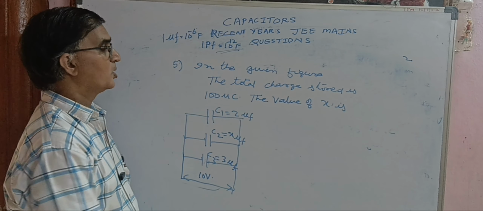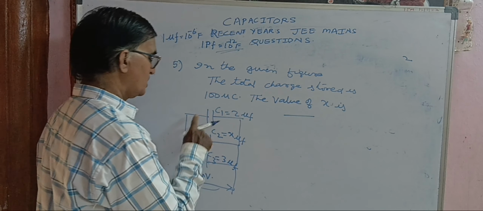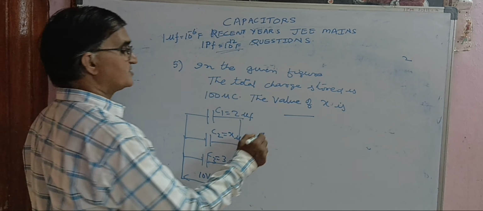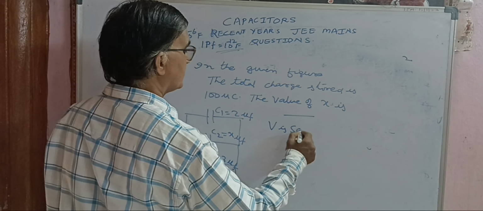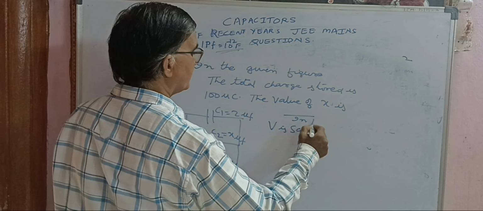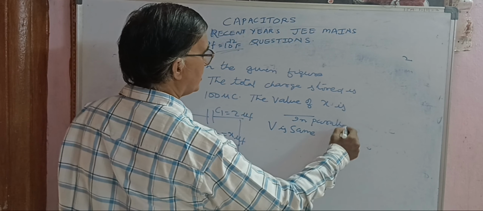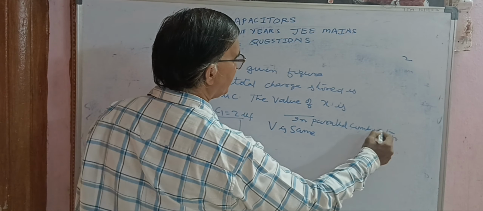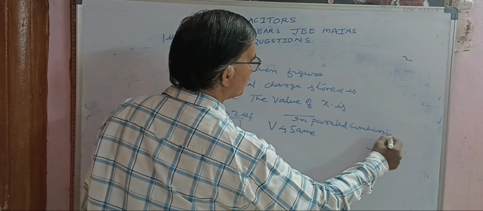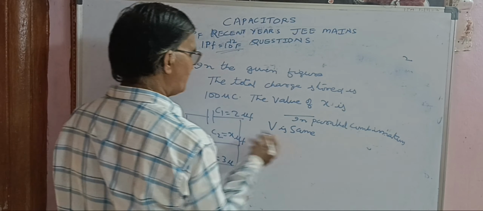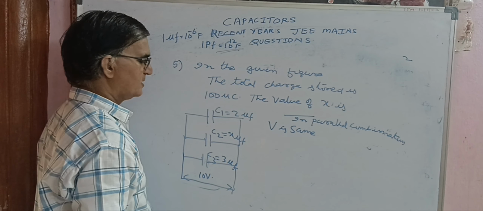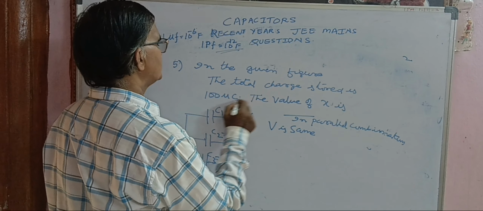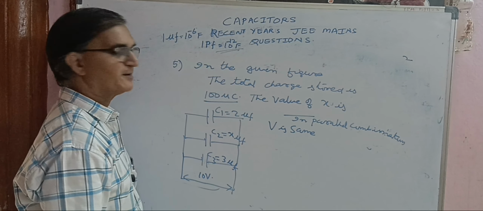Now, in parallel combination, what is constant? Potential is constant. V is the same. And in the case of a capacitor, what do you find? You find charge, so they differ in charges. What is the total charge given? 100 microcoulombs.